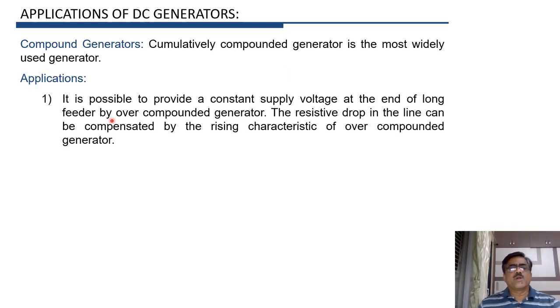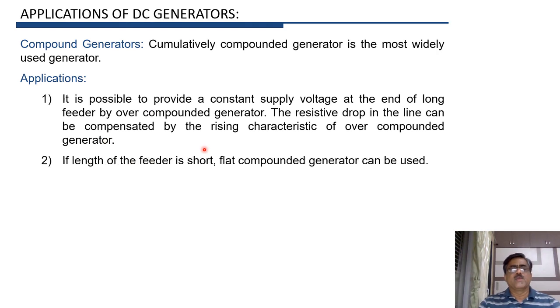Now the over compounded generator can be used for supplying power through a long feeder because when current flows through a feeder, voltage drop takes place, and this voltage drop can be compensated by the rising characteristic of over compounded generator, and therefore over compounded generator can be used to supply power through long feeder. If length of the feeder is short, then we can use flat compounded generator.